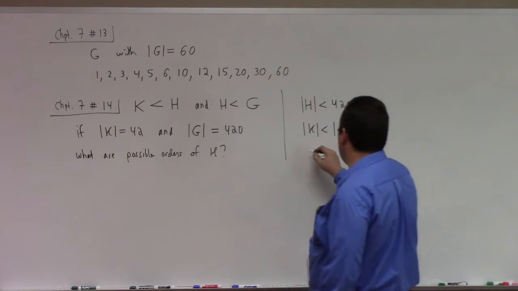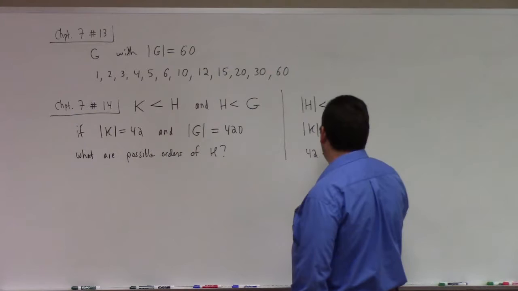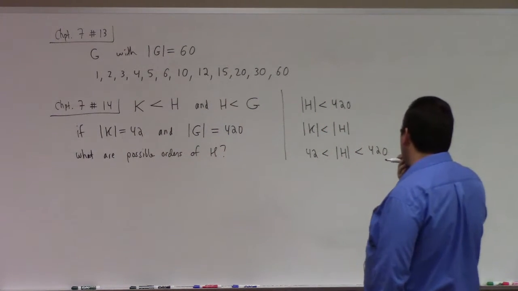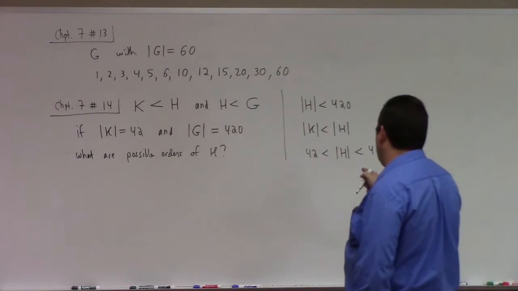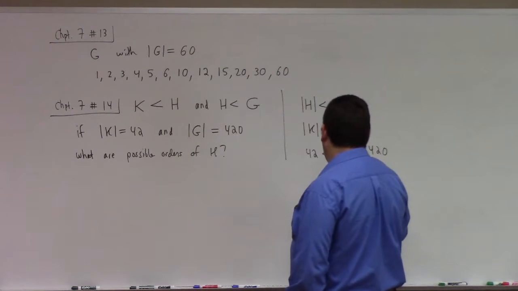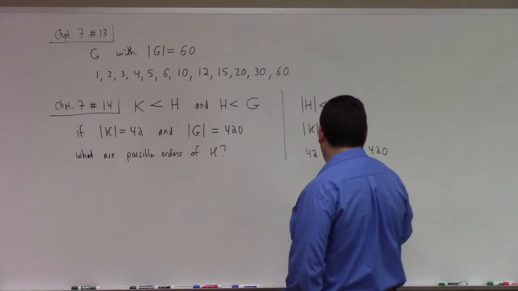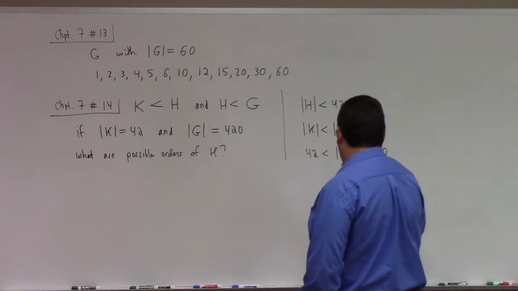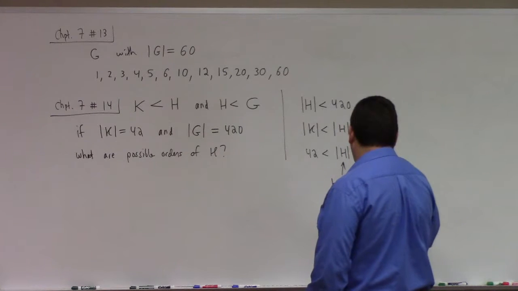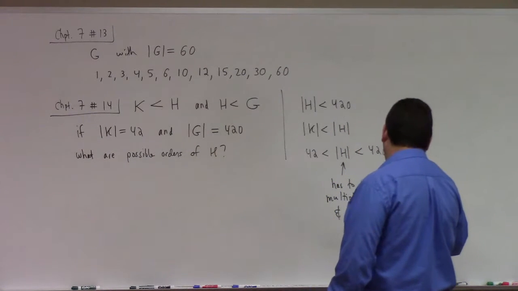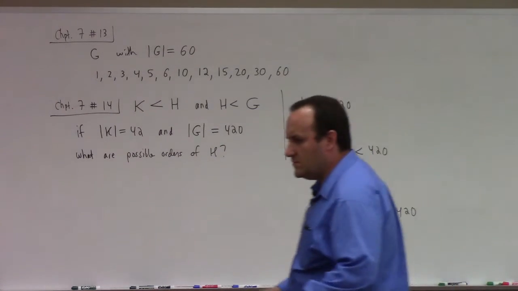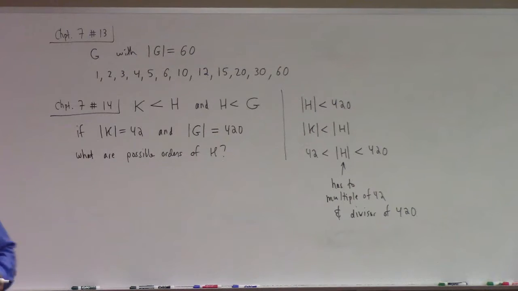So 42 is less than the order of H, which is less than 420. But this also has to be a multiple of 42 and a divisor of 420, working Lagrange's theorem both ways. So what does that mean?